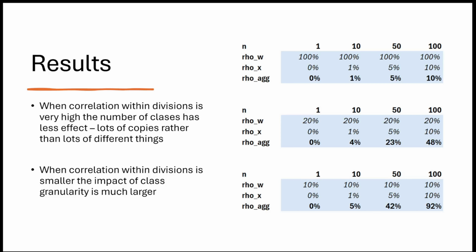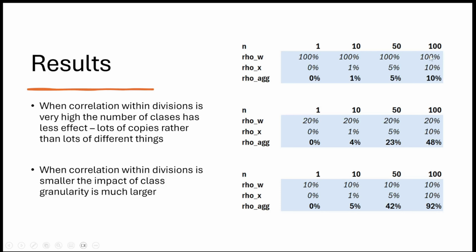And we can use that formula to look at what the impact of rho AG would be, this between division correlation. What is this for different values of n, the number of classes, and different values of the between class correlations within the divisions and across the divisions? We can see that when the correlation within the divisions is very high, so when rho W is very high, we've essentially got lots of copies of the same thing.